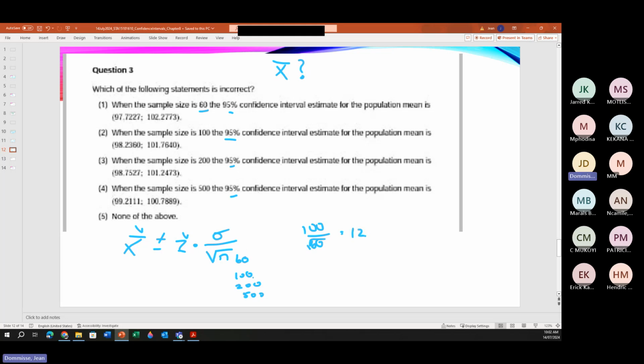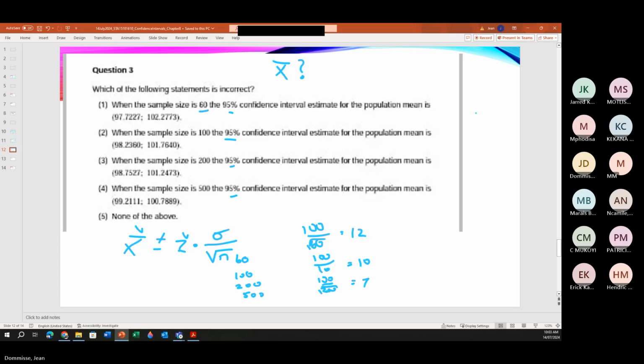Then if it is 100, it will be 100 divided by 10. That makes it 10. If it's 200, 100 divided by the square root of 200, so that's around 7.